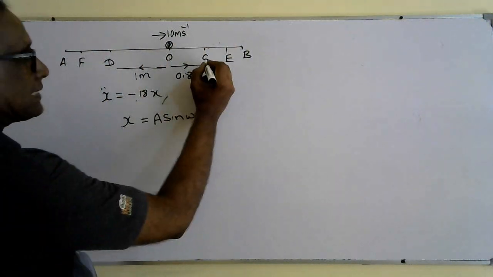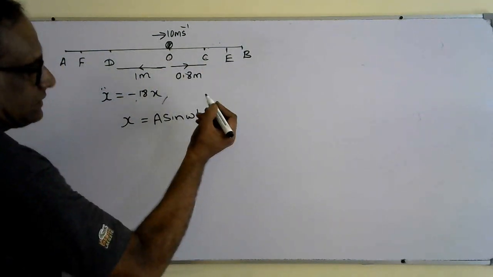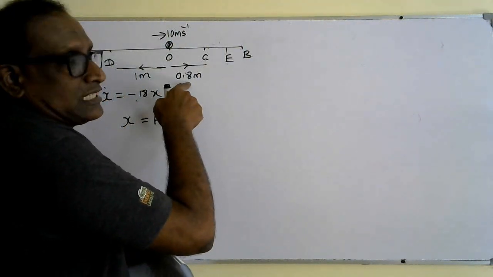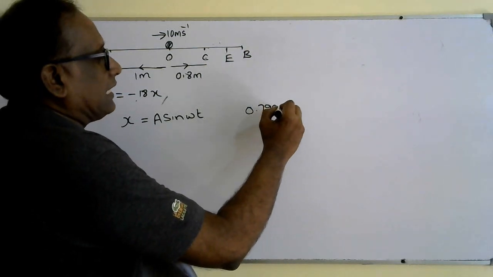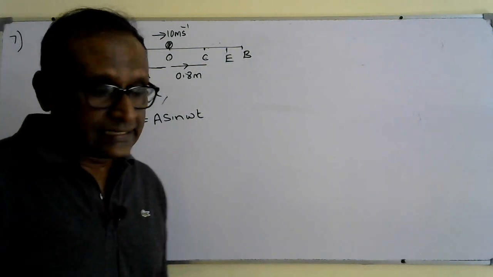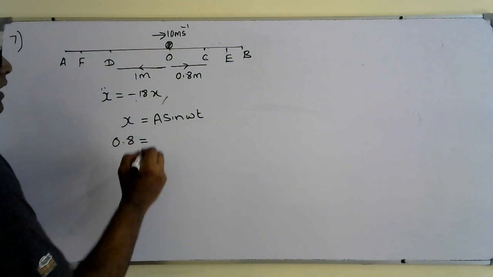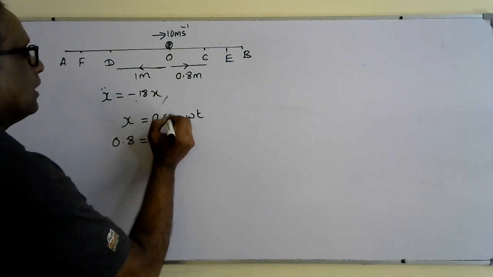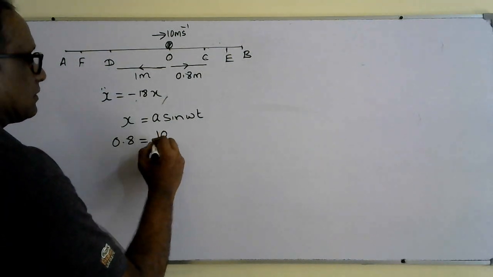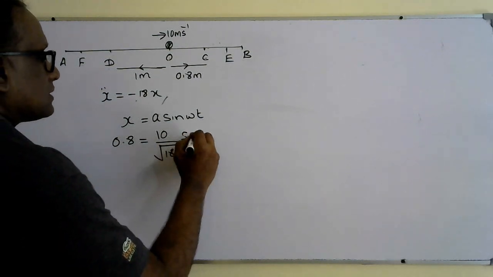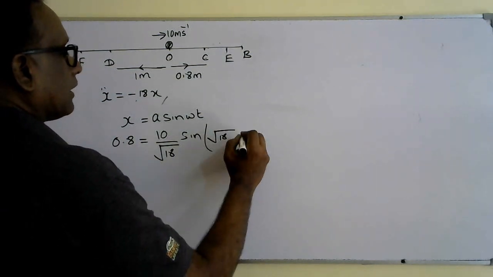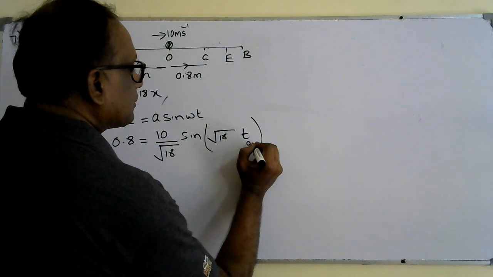So the maximum it can move to the right such that both strings are under tension, maybe 0.8 meters we can take. That means 0.799999, 0.8. In that case also both strings are under tension, so 0.8 equals the amplitude. The amplitude we found already, that is 10 over square root of 18, times sine of omega, square root of 18, into TOC.